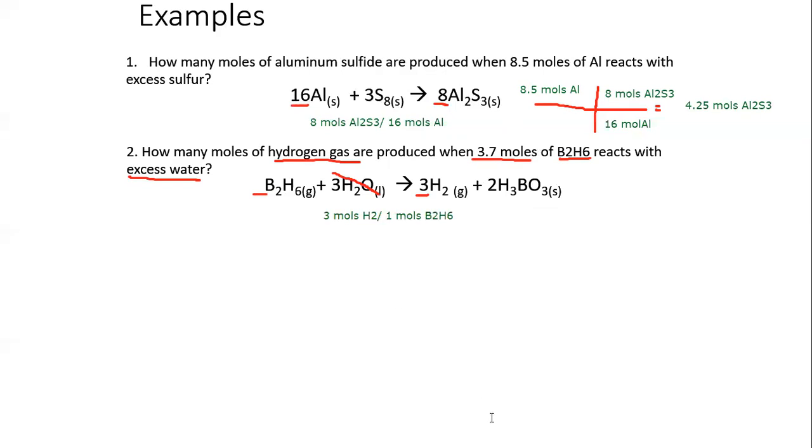So now when we draw our train track, we're starting with moles of B2H6. Since we're starting with B2H6, it goes on the bottom in our conversion factor.